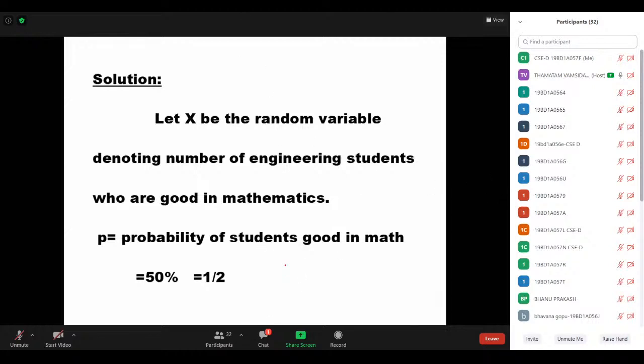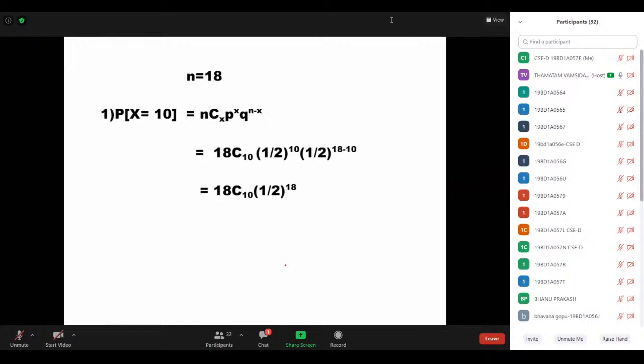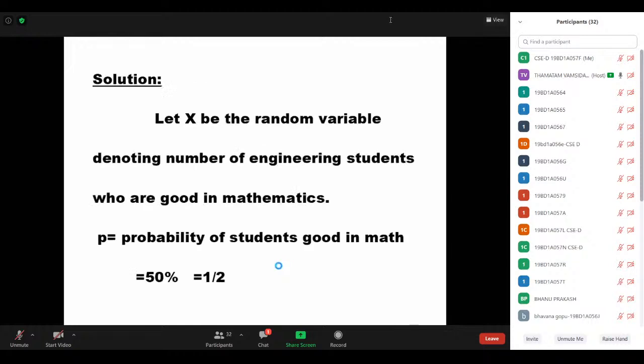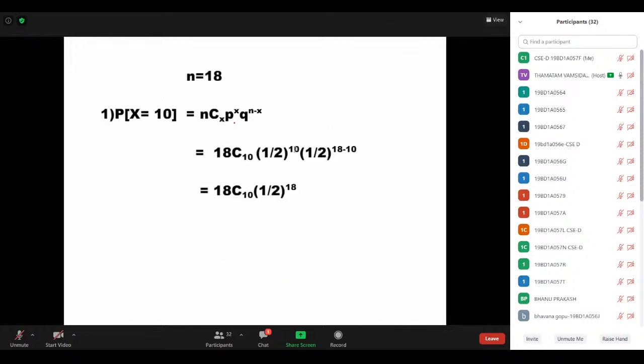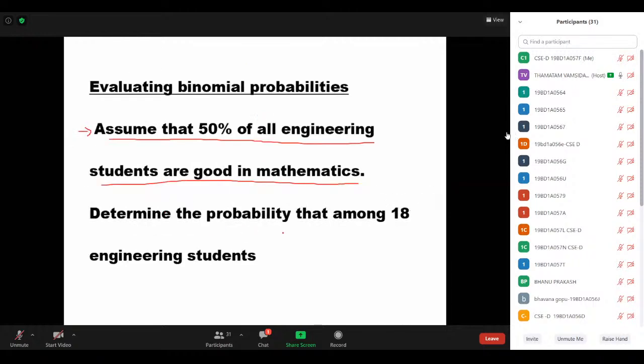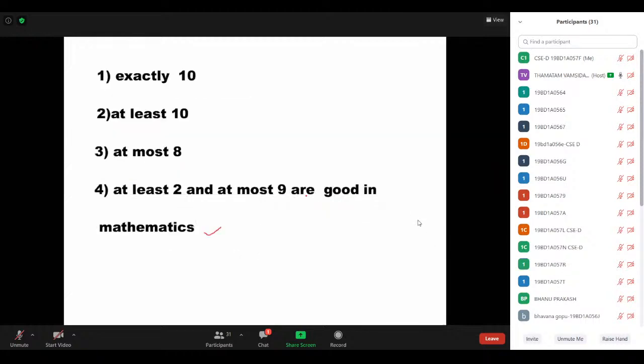And small q we can get from p plus q is 1, so small q is also 1 by 2. And n is 18, we are selecting 18 students. Determine the probability that among 18, that means small n equals 18.